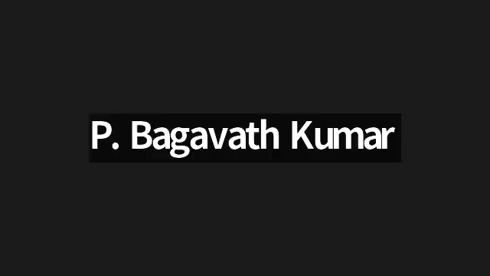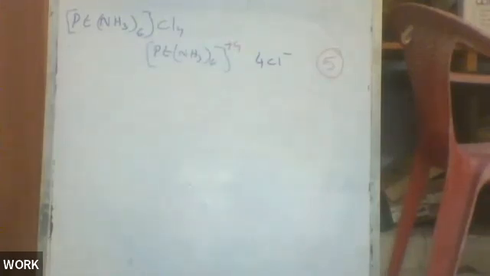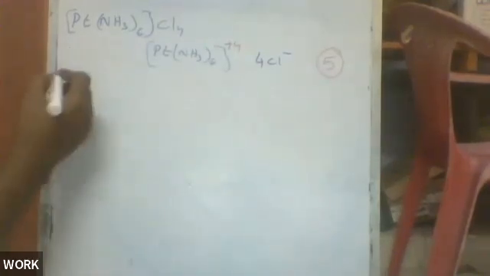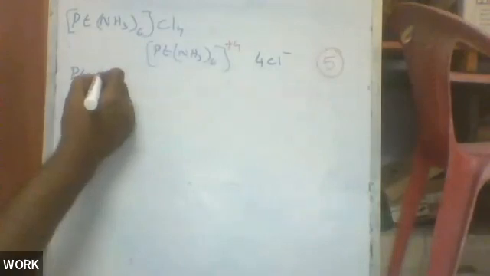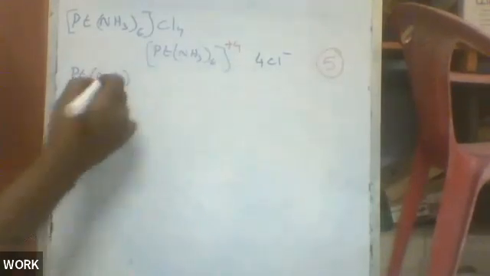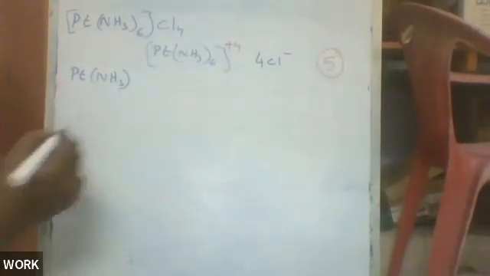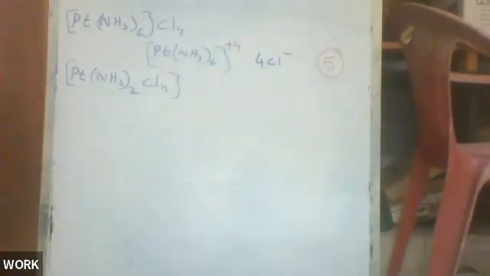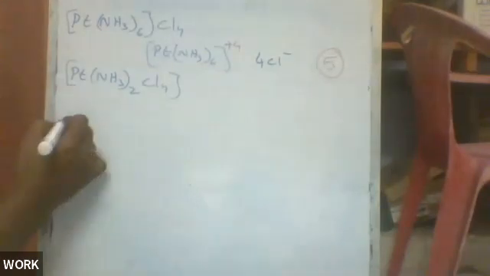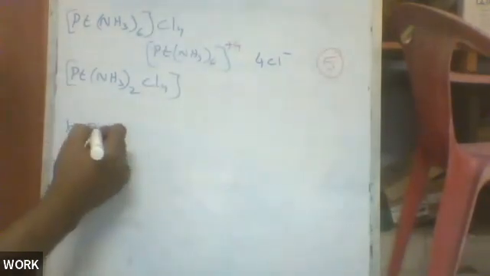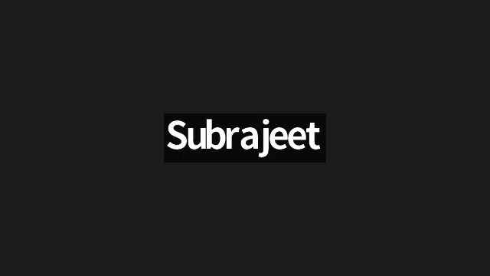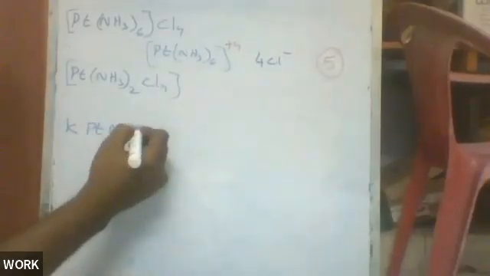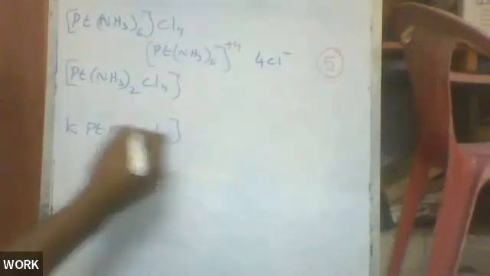Yes, sir. Now you tell me, I will write the formula. You have to tell me how many ions are present in the solution. Platinum, NH3 twice, Cl4, for this, and then Pt NH3 and Cl5.